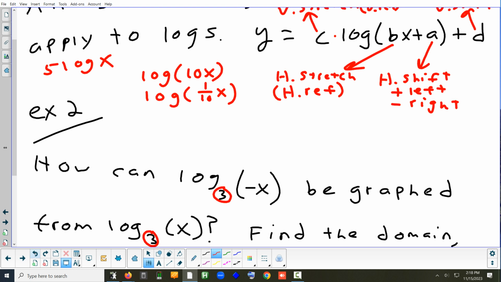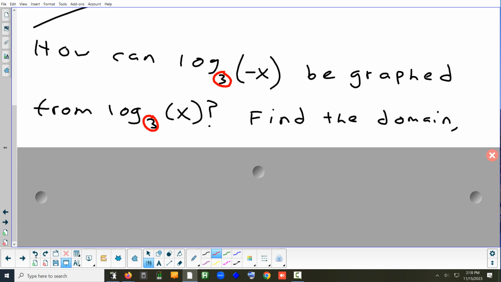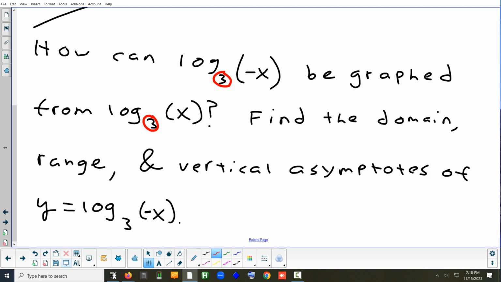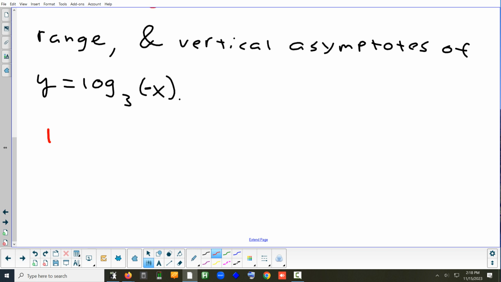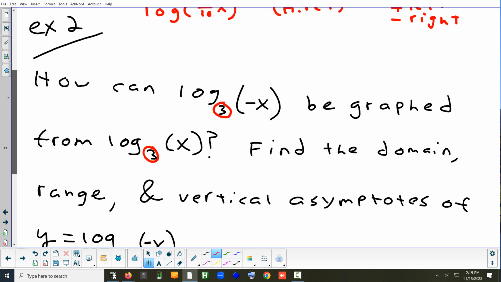We have a negative in place of the B. So what is that negative going to cause the graph to do? Horizontal reflection. Yep. So let's start with that. So 1, horizontal reflection. Okay, so there's the transformation.